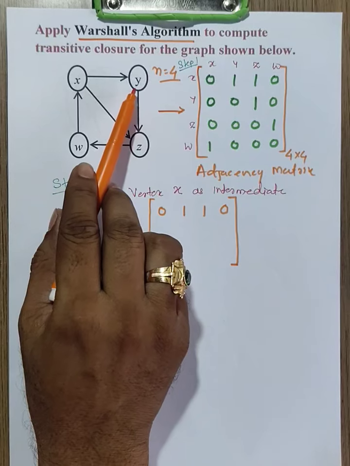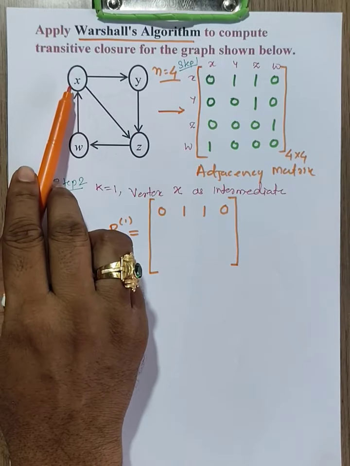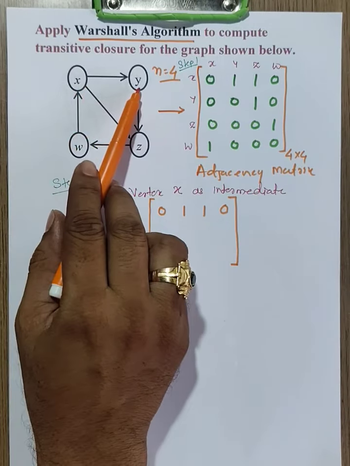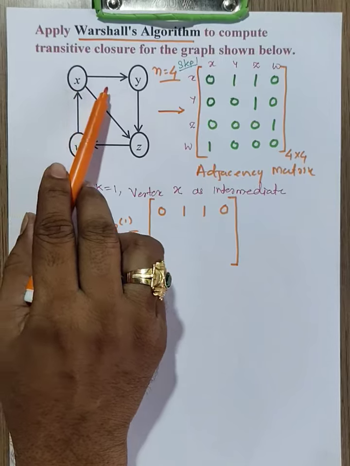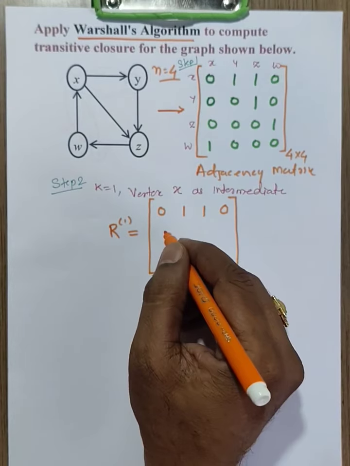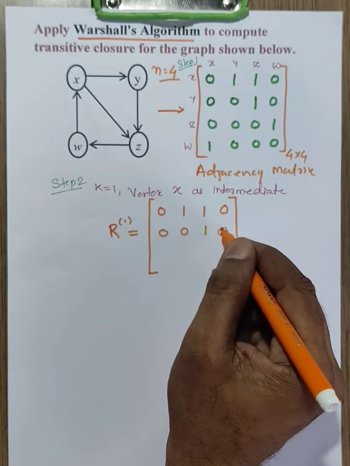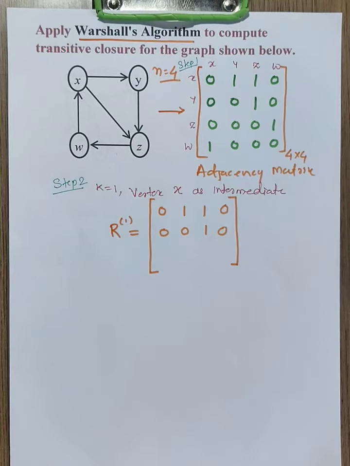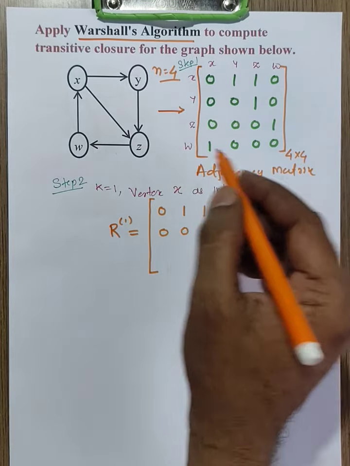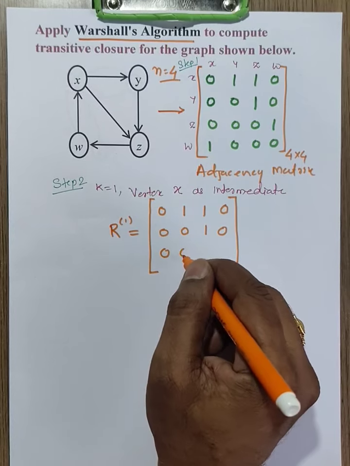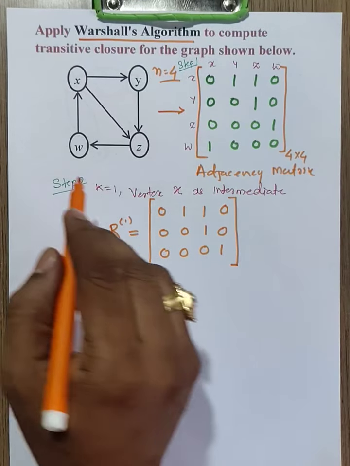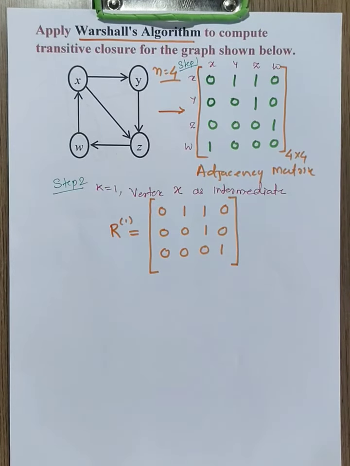Next y to x: is there any edge? Y to x, there is no edge, so this row also will get the same values: 0, 0, 1, 0. Z to x, is there any edge? No. Z also will get the same values. Next w to x, yes, an edge is there. Since w to x is an edge, this row may get different values.